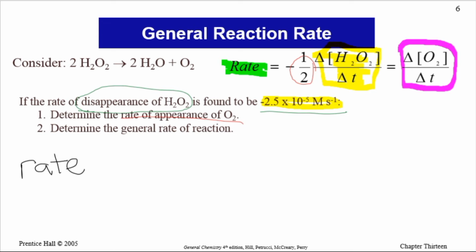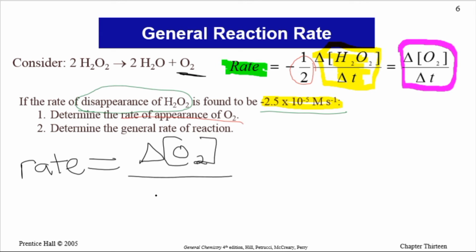So when we're trying to find the rate of the reaction, let's just choose the easiest one, the change of oxygen, because the stoichiometric coefficient is 1. So for every one chemical reaction, we have one oxygen molecule. So the rate of the reaction is the same as the change in concentration over time of oxygen, right? So it's exactly equal. So what you just solved for number 1 also applies to number 2.